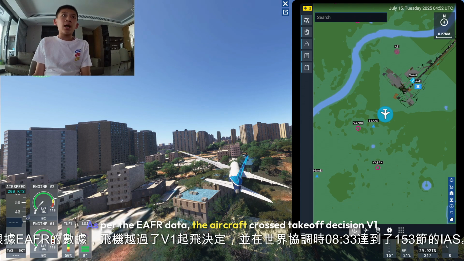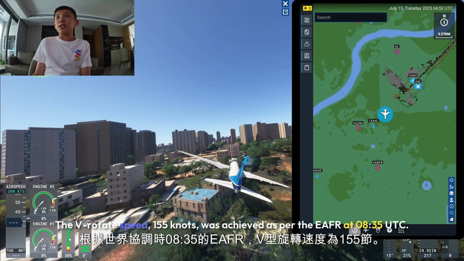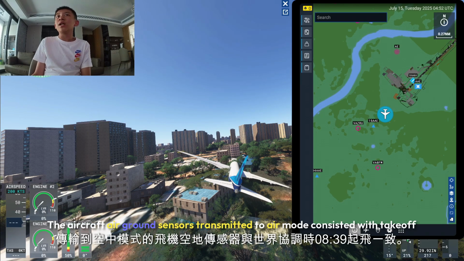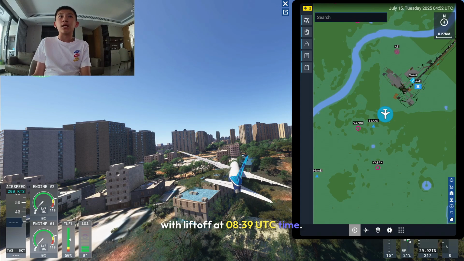The AAIB wrote, as per the EAFR data, the aircraft crossed takeoff decision speed V1 and achieved 153 knots IAS at 8:08:33 UTC. The V-rotate speed, 155 knots, was achieved as per the EAFR at 8:08:35 UTC. The aircraft air-ground sensors transitioned to air mode, consistent with liftoff, at 8:08:39 UTC.